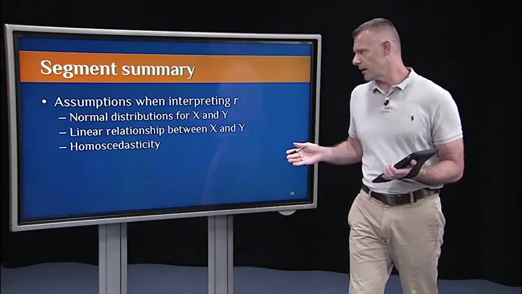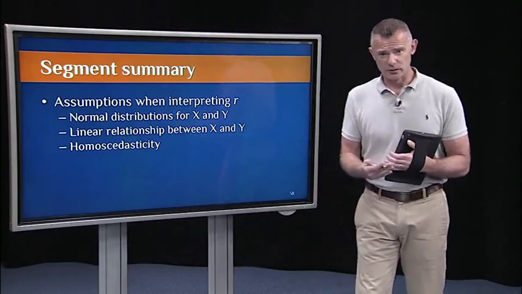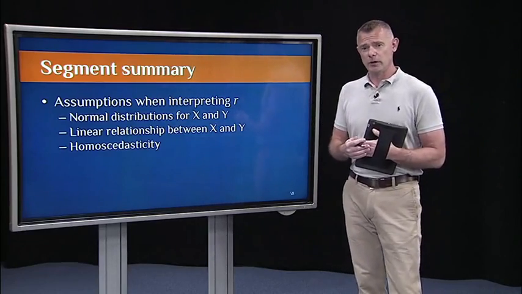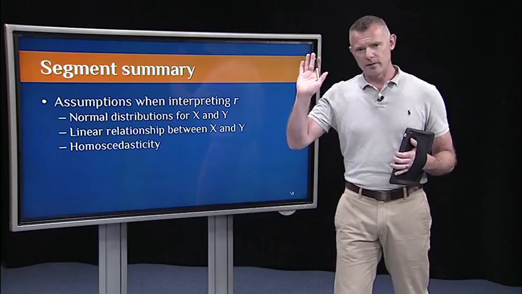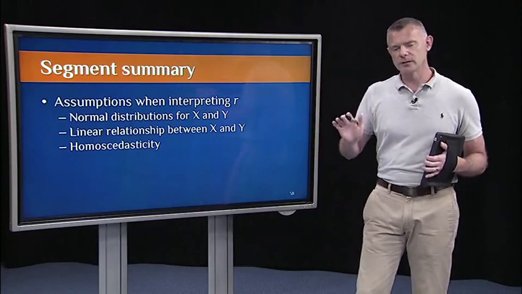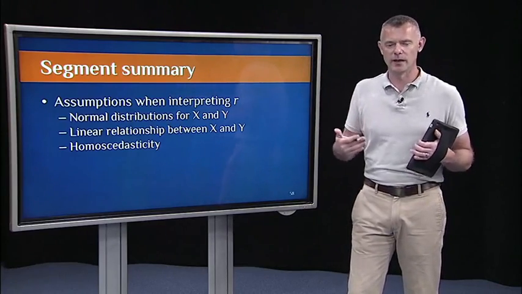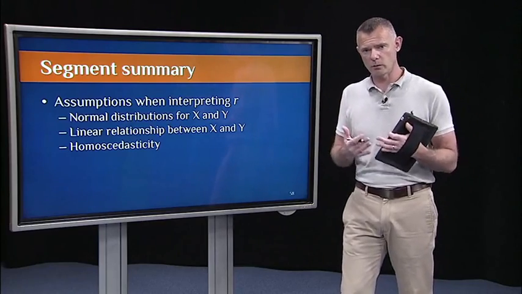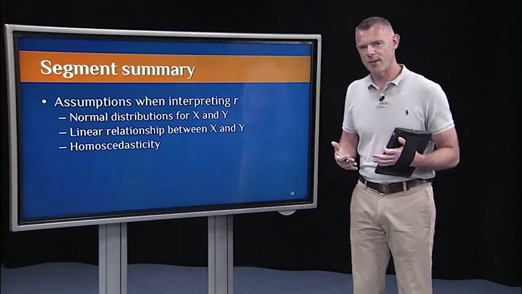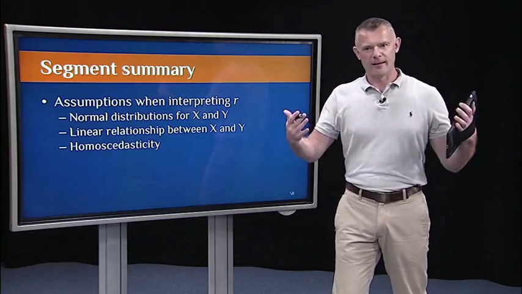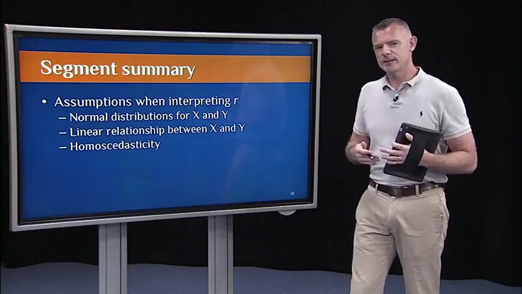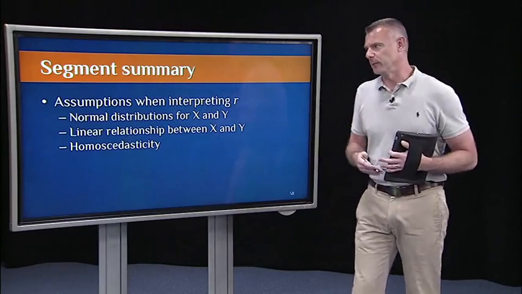So to summarize this segment, there are a lot of assumptions going on when you're doing correlational analyses. This is why I started with the famous line, correlation does not imply causation, because everyone knows that. But there's so much more to worry about or be concerned about when you're consuming correlational analyses or when you're conducting them.